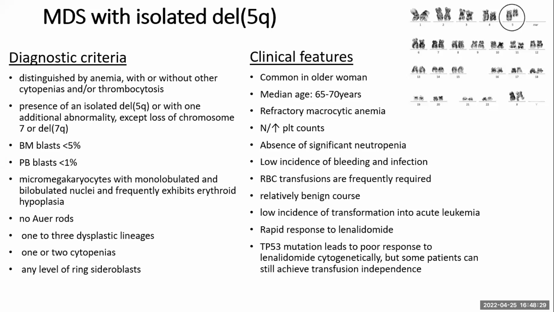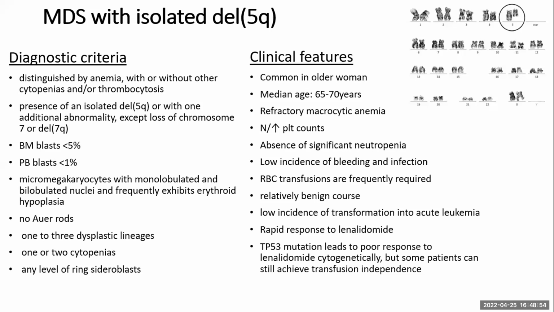Bone marrow blast count is usually less than 5%, peripheral blasts usually less than 1%. And on the bone marrow, you see micromegakaryocytes, which may be monolobulated or bilobulated, and frequently erythroid hypoplasia. Usually in del5q, there are no ring sideroblasts. There may be 1 to 3 dysplastic lineages, 1 to 2 cytopenias, and any level of ring sideroblasts does not affect the diagnosis.